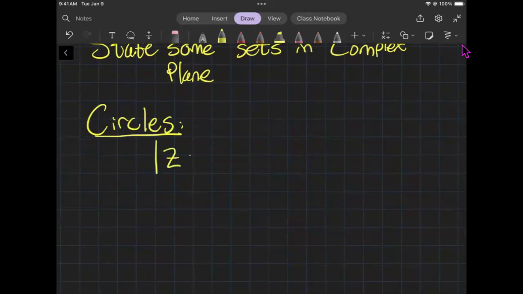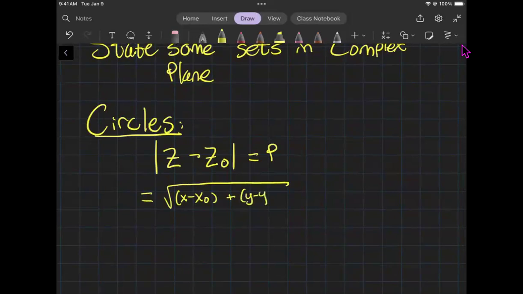And it's notated like this: |z - z0| = rho. This also equals the square root of (x - x0) squared plus (y - y0) squared, which equals rho, right?